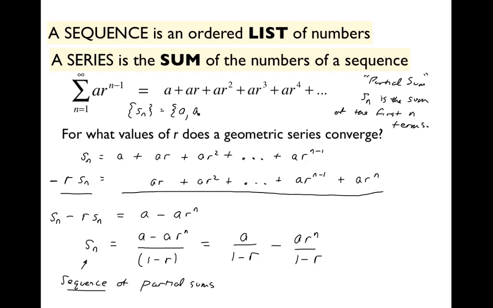No, the second term would be S2. S2 would be the second partial sum, which would be a plus ar. S3 would be the third partial sum, which would be a plus ar plus, etc. So you remember that one in WeBWorK from a couple nights ago?